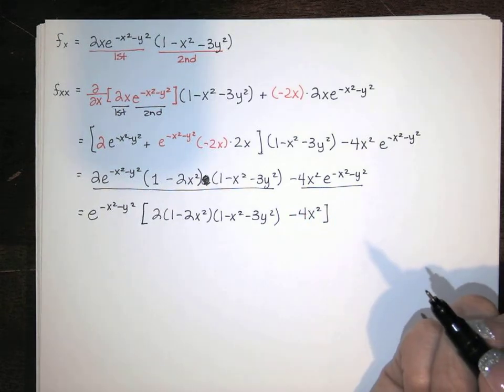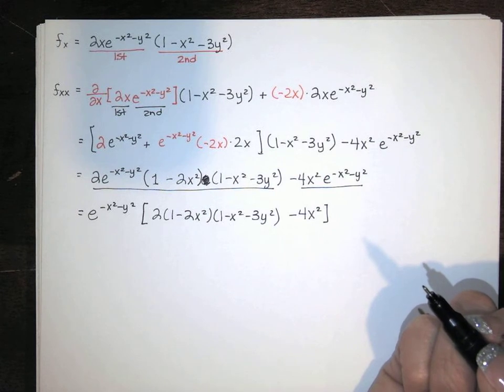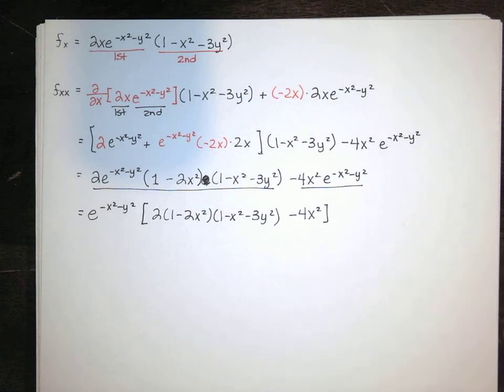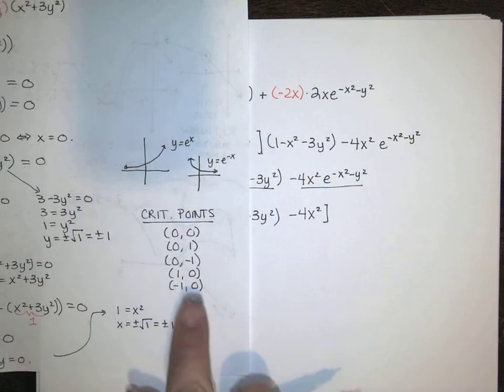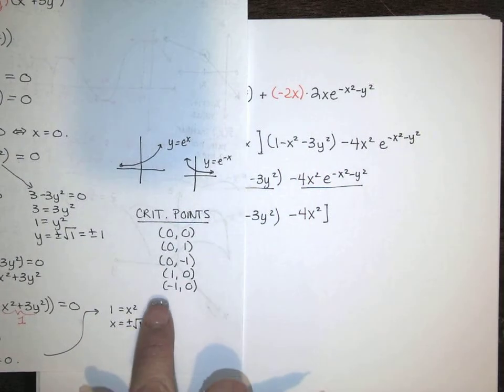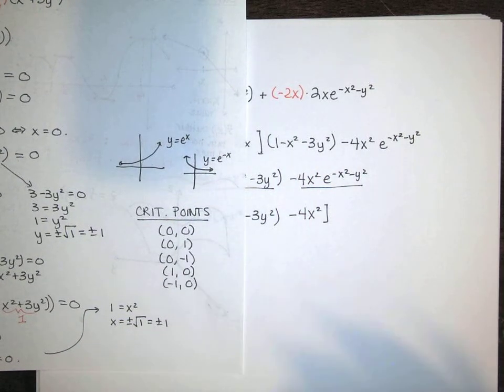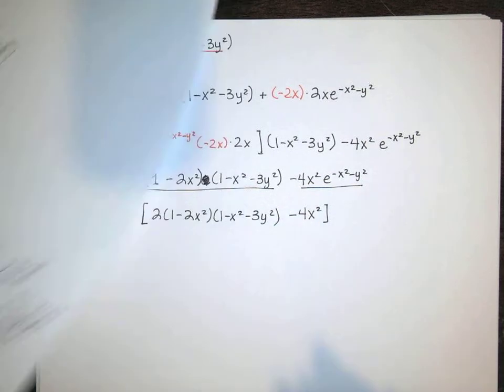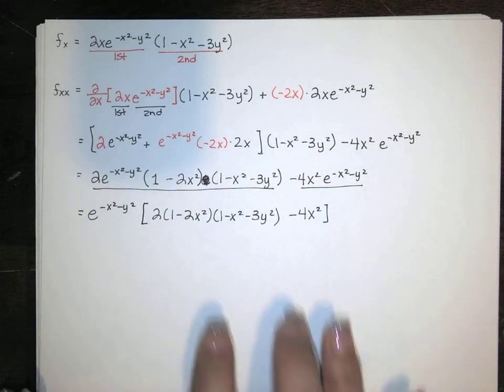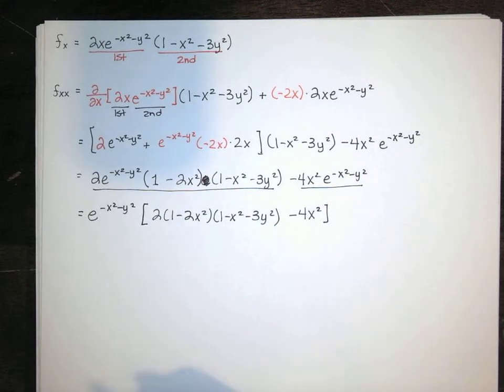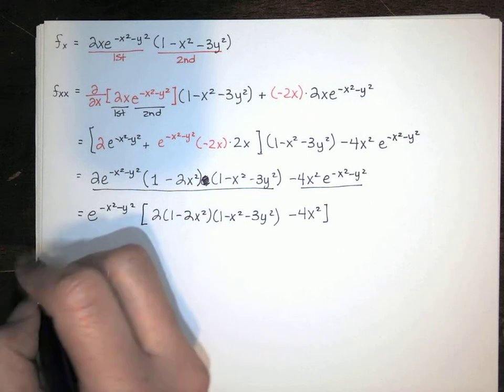And I believe we could simplify that further if we wanted to. But we're going to plug in a bunch of points. You know what? We're going to evaluate this when x equals 0 or plus or minus 1, and when y equals 0 or plus or minus 1, so let's not worry too much more about the algebra. So that's the factored form of the second partial of f with respect to x.